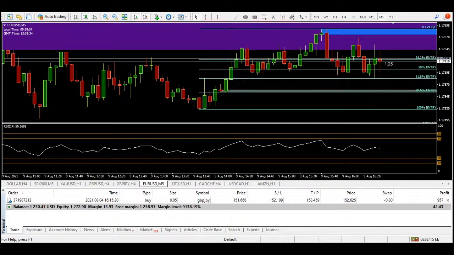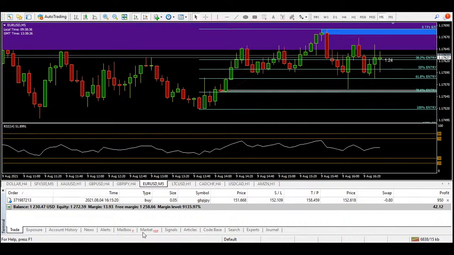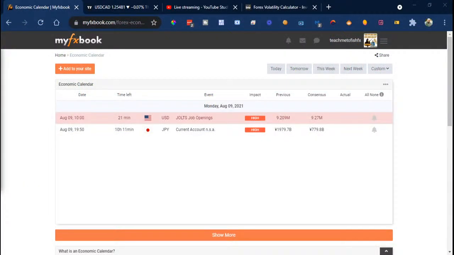Now, also looking at the fundamentals. All right, taking a look at the news. We've got high impact news. Consensus is 9.27. Previous is 9.2. So the consensus is positive, so that means that EU will go down in favor of the USD portion of the pair.